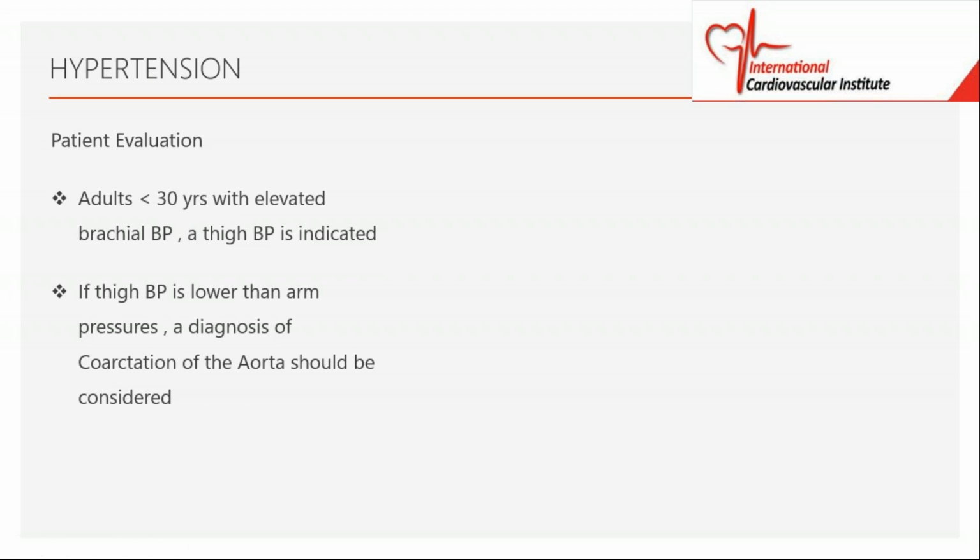So young patient, hypertensive, get a thigh blood pressure the first time you've seen the patient. If the thigh blood pressure is lower than the arm blood pressure, then that's a problem. It's supposed to be higher. The pressure in the lower extremity is supposed to be higher than the pressure in the upper extremity. So if you get a consistently low pressure in the thigh, then you should suspect a diagnosis of coarctation of the aorta.